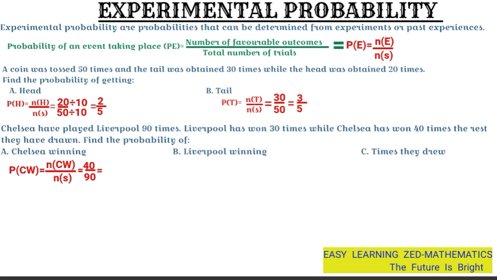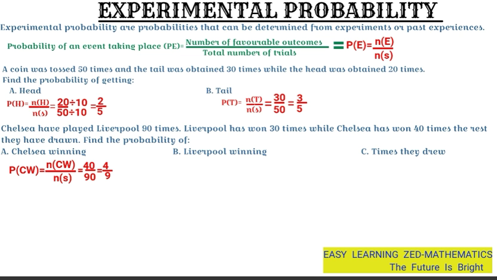Now we are going to find the common factor of 40 and 90, which is 10. So we divide 40 by 10, which gives us 4, and 90 by 10, which gives us 9. So it's going to be 4 over 9. So the probability of Chelsea winning the game is 4 over 9.